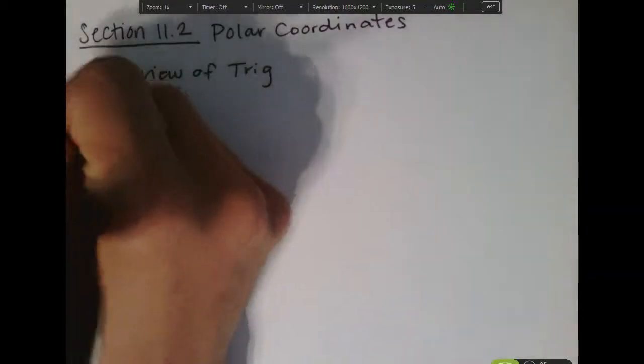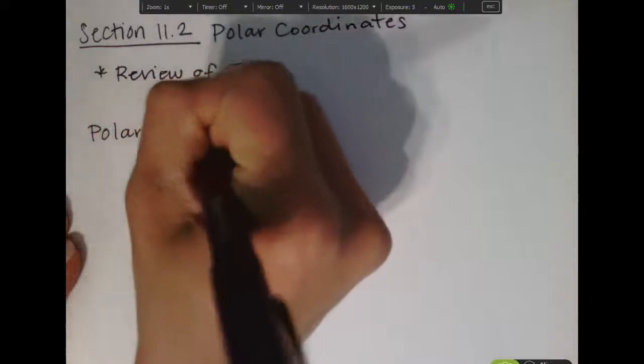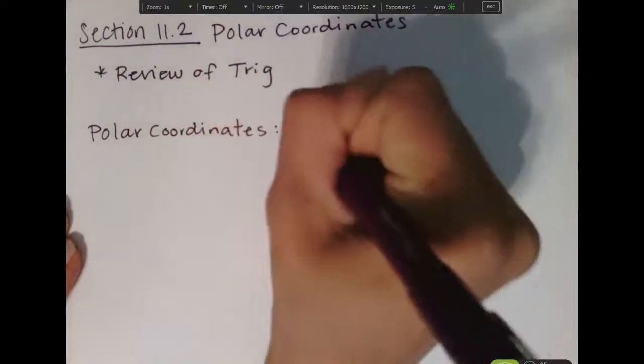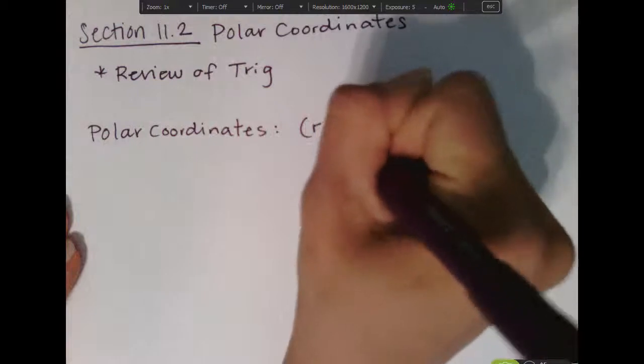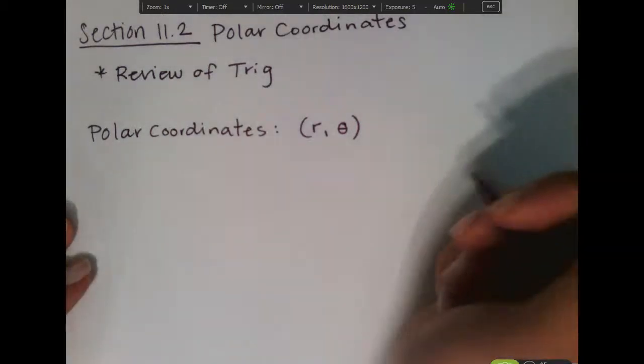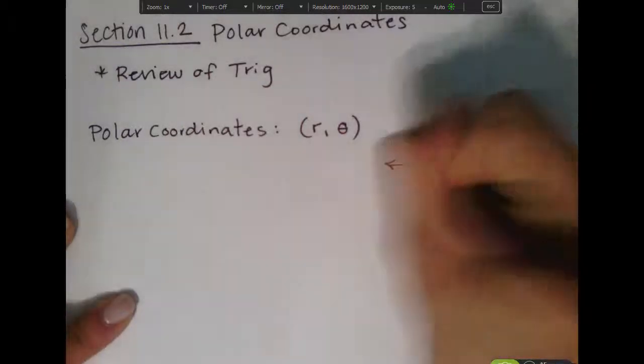So in terms of polar coordinates, instead of using a rectangular grid to plot points by moving either vertically or horizontally in the x or y direction, we're going to be looking at r, theta, where r represents a radius and theta represents an angle.